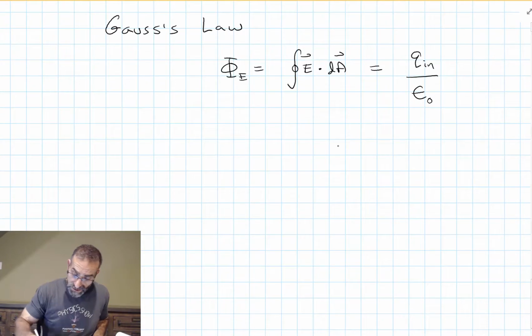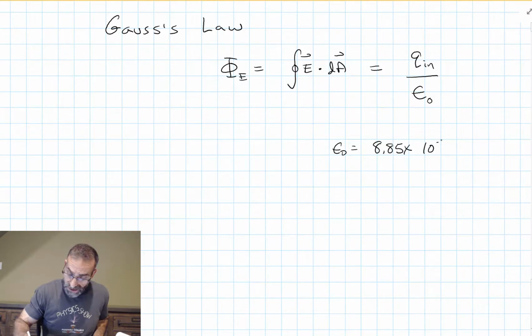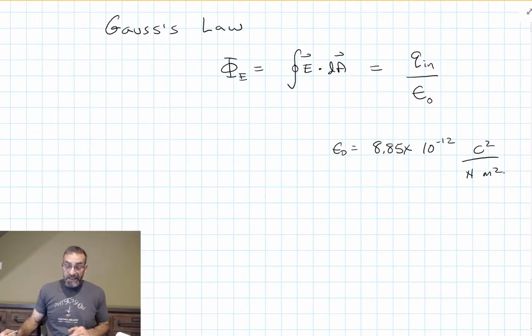Epsilon naught is 8.85 times 10 to the minus 12, and it shows up a lot in our electrostatics equations. We have another constant called mu naught, which shows up in our magnetic equations you'll see later on.